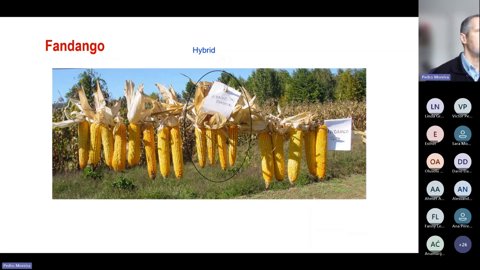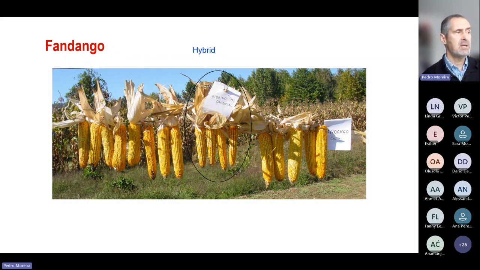So this is the aspect of the Fandango, and you can see this is a commercial hybrid. You can choose another one, but it's only to show you that they have quite big ears, and they also have a fasciation trait that you can observe here.